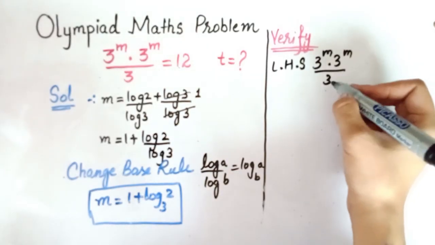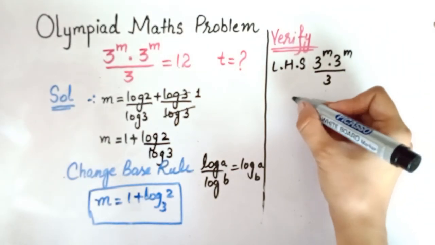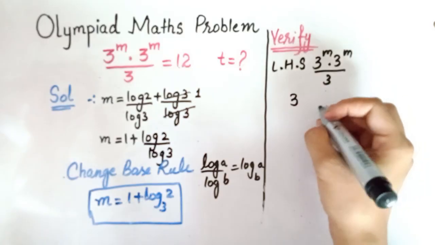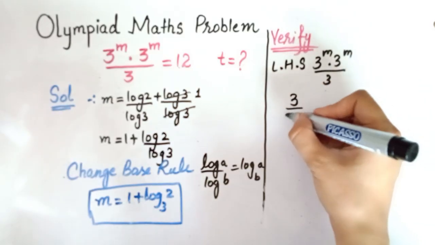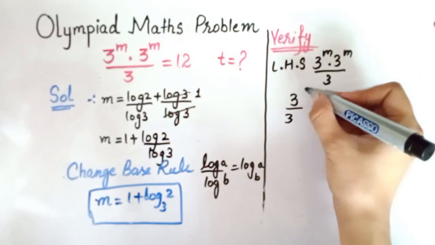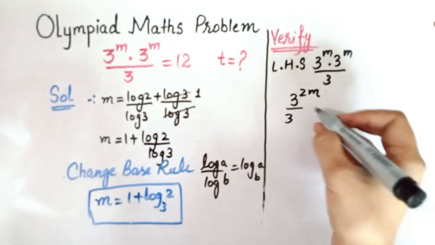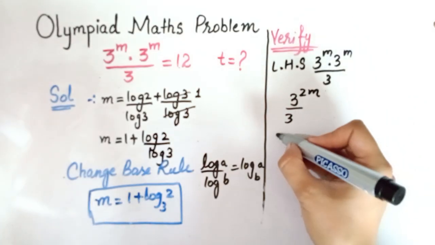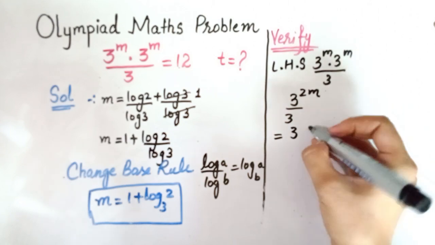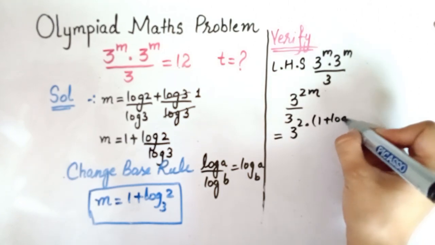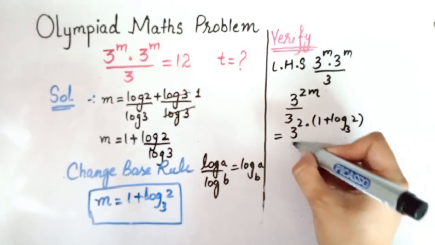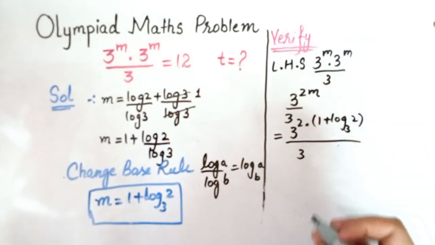So we will solve this as this will become 3 divided by 3, power is 2m. So substitute its value here. So 2 into m is 1 plus log base 3 of 2 divided by 3.